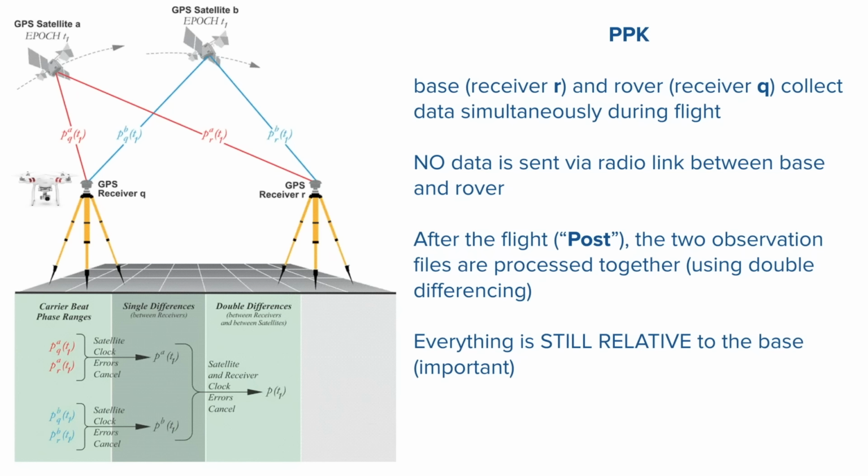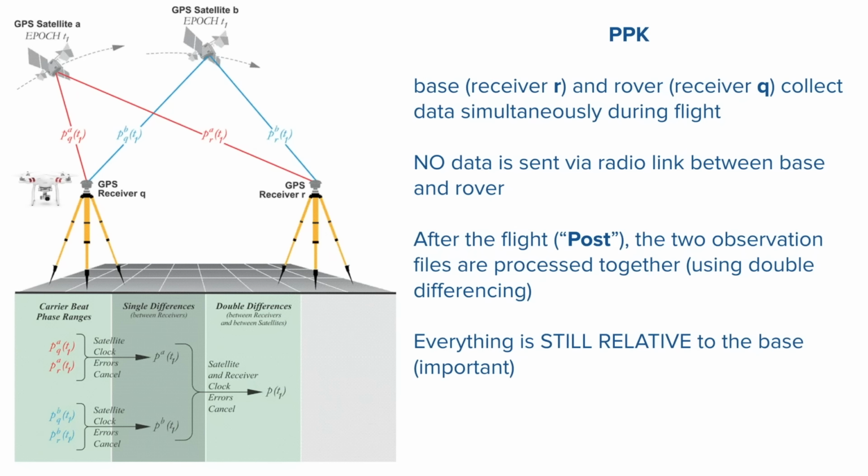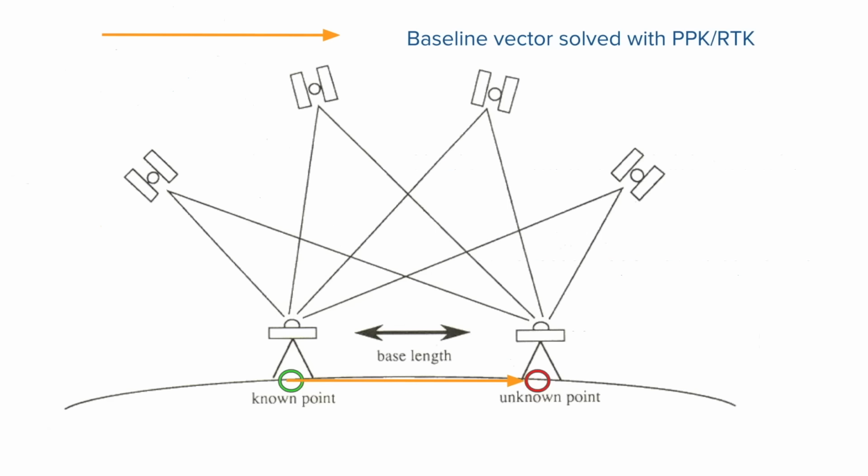That's the biggest difference between RTK and PPK. With RTK, those corrections are being sent in real time, whereas with PPK, you're waiting until after the flight to process your baselines between the GPS receiver and the drone.